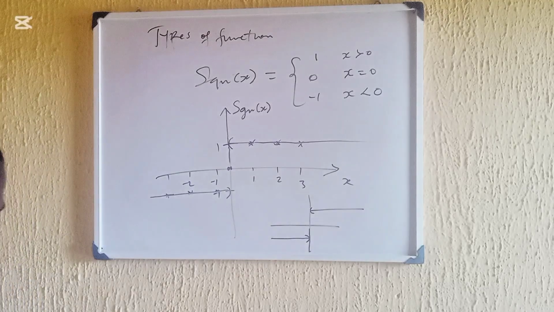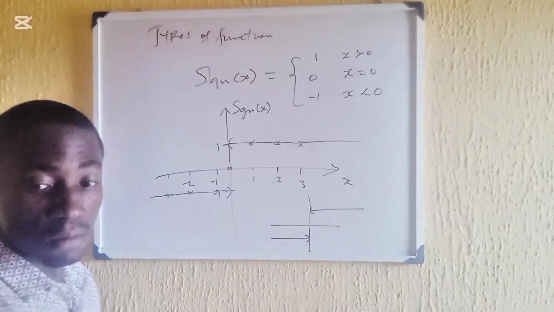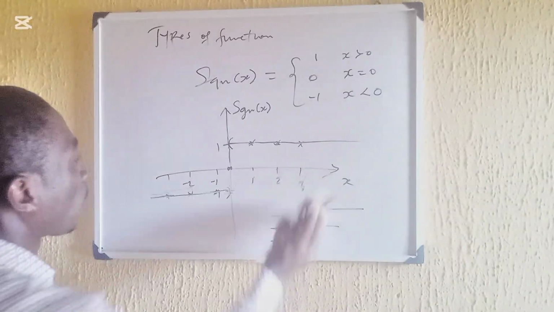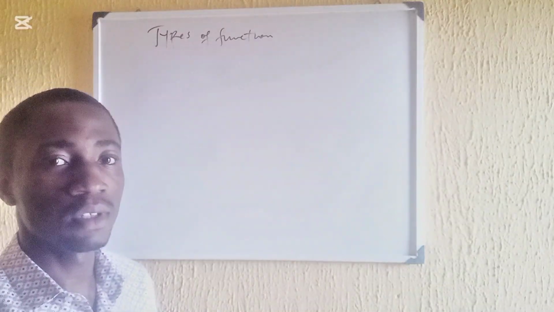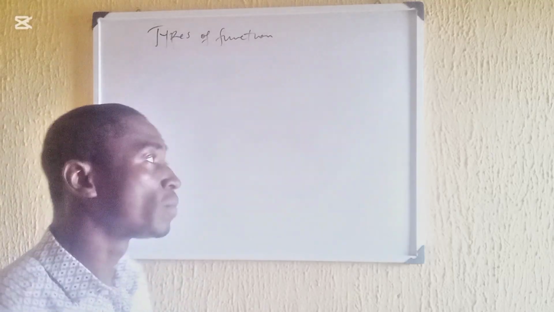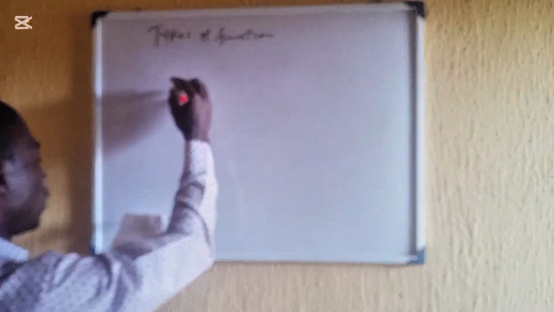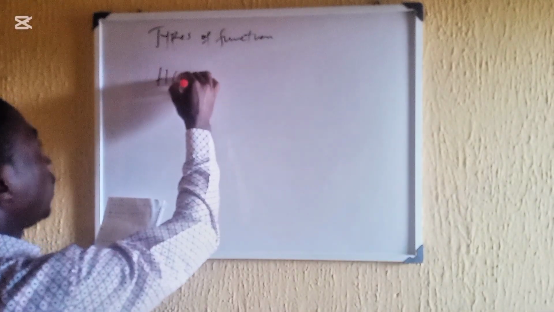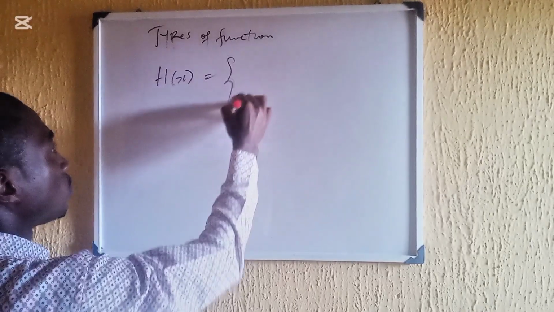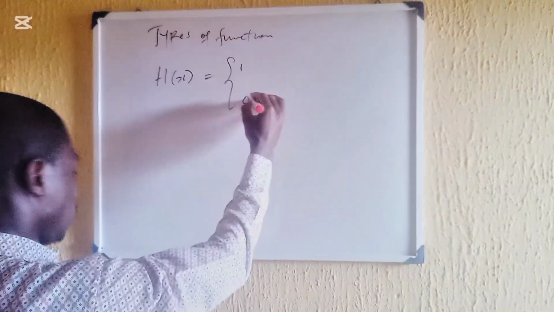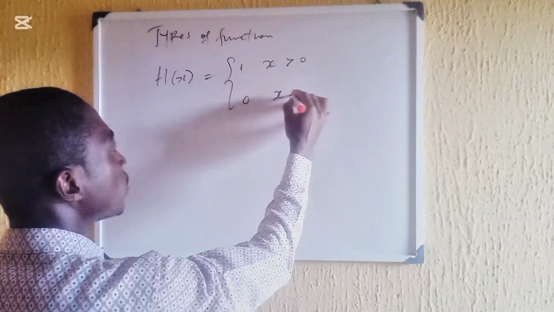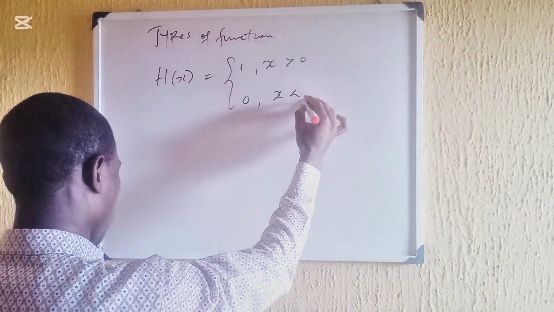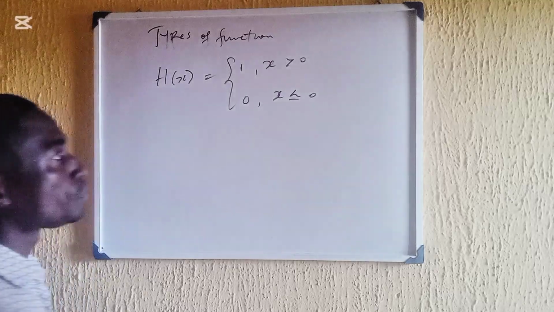The next one I want to talk about is the Heaviside function. The Heaviside function is just like the signum function. It's just a little difference. That's the definition for it. Now we have h of x is equal to 1, 0, for x greater than 0, and x less than or equal to 0.